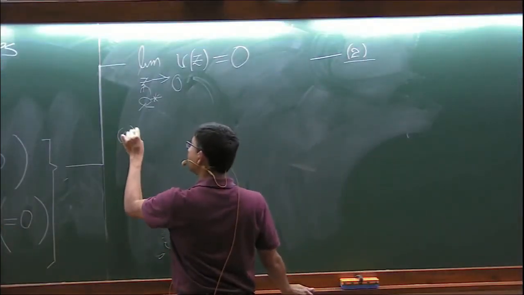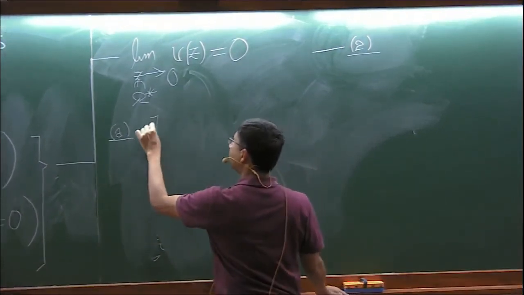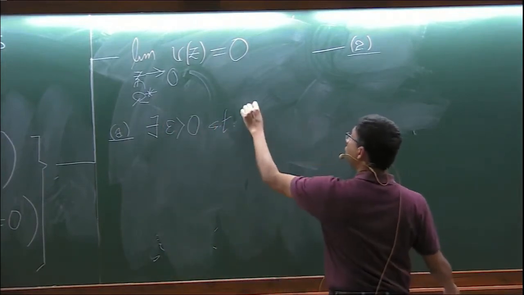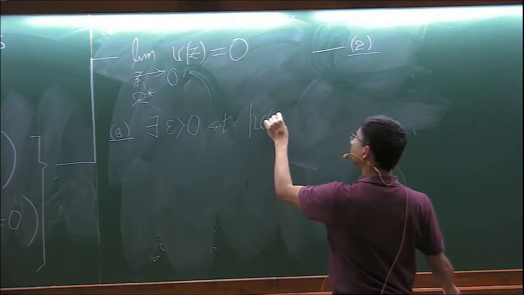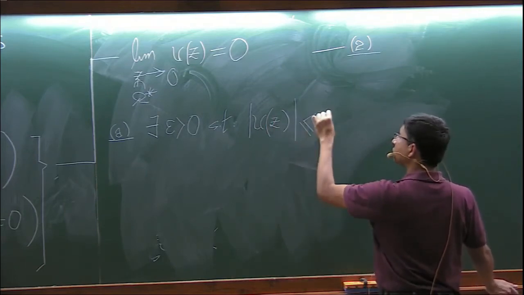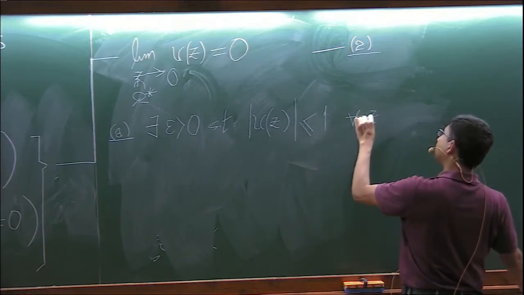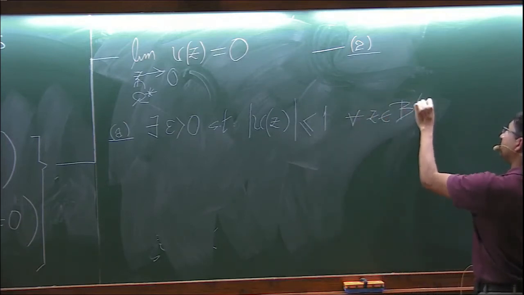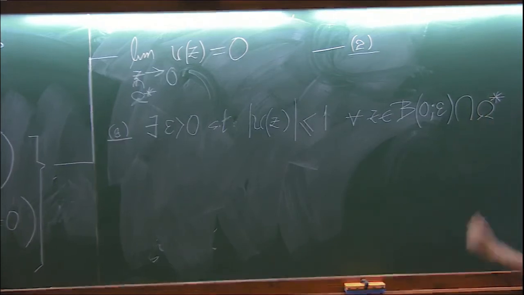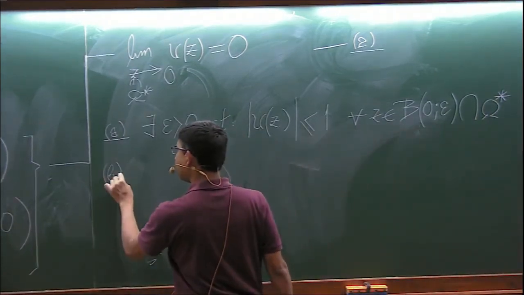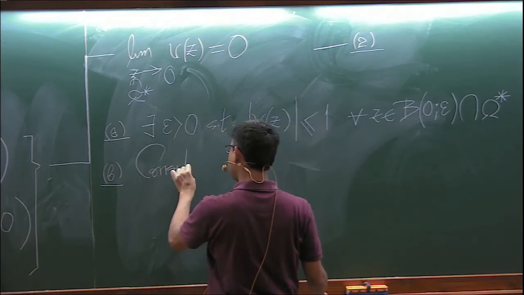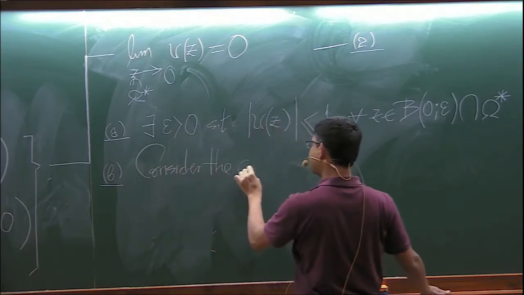A, from 2, I can find a little epsilon such that the modulus of U of Z is less than or equal to 1 for all Z in the ball with center 0 and radius epsilon, intersect omega star. And B, now consider the compact.